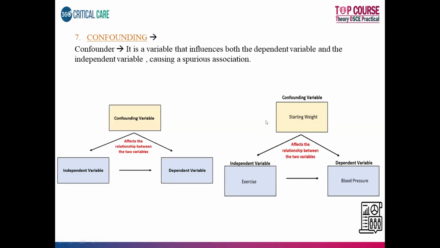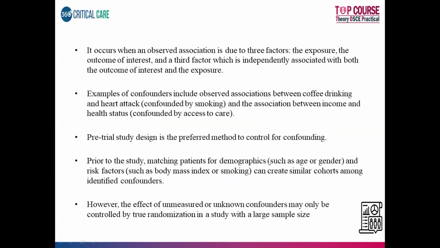If the weight is more, the chances of the patient having high blood pressure is more. So while increased exercise may lead to reduced blood pressure, this is what we are going to see normally. This is the study which we are thinking to plan. But an individual's starting weight also has a big impact on the relationship between these two variables. Okay, so this is the confounding variable or the confounding bias.